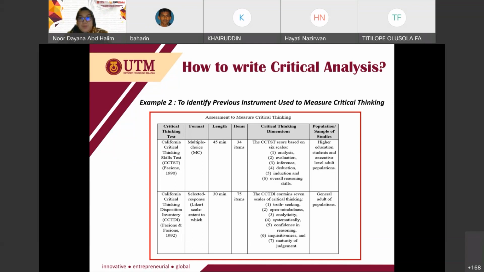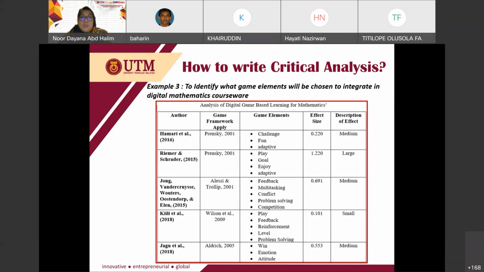Okay, so coming to example number 3, to identify what games elements will be chosen to integrate in digital mathematics courseware. This is another scenario, from my student, Dr. Heman. Dr. Heman is developing a courseware that integrates game-based elements.